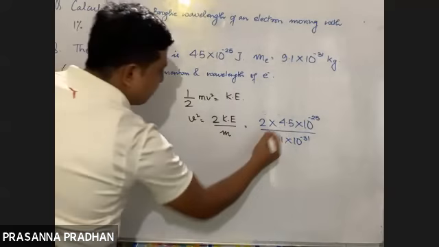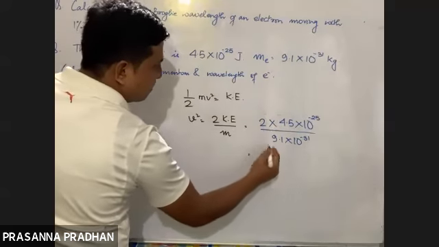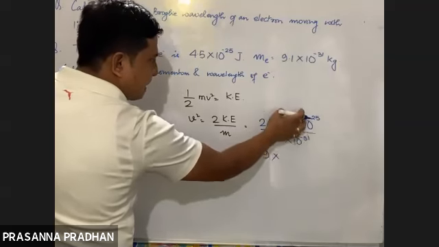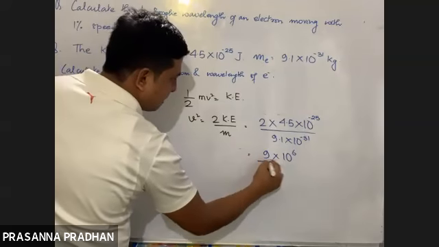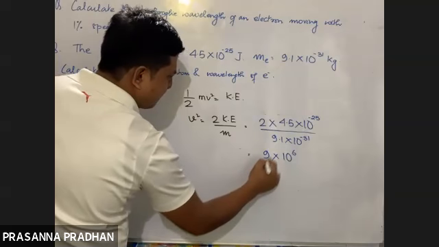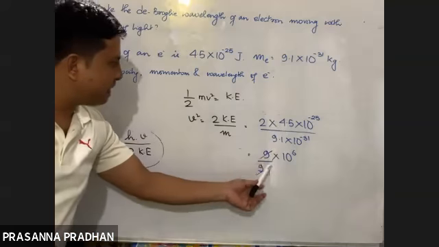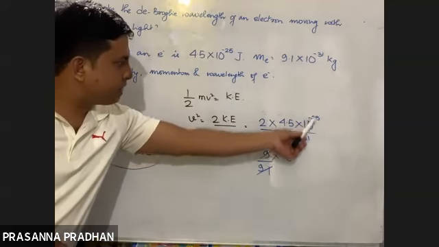Now 2 into 4.5 is 9, 9.1 cancels approximately, 31 minus 25 is 6. So 10 to the power 6 is the value.